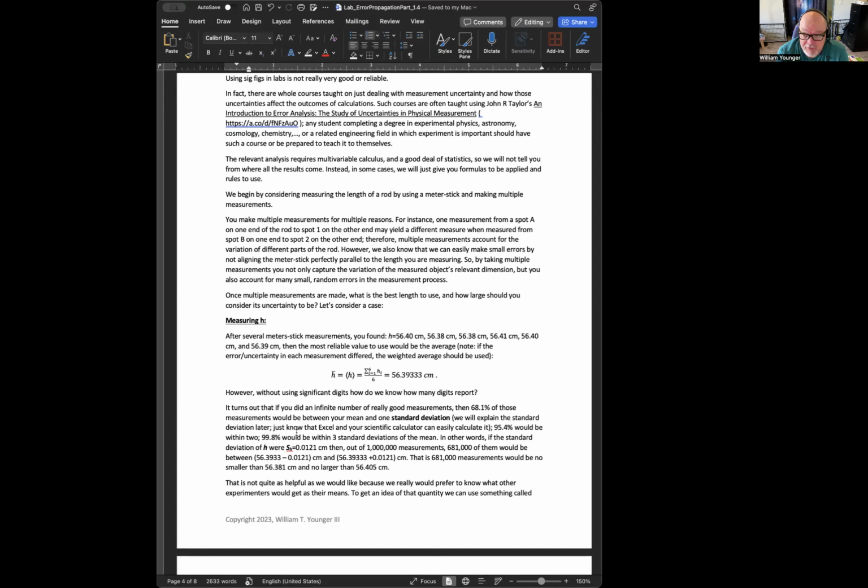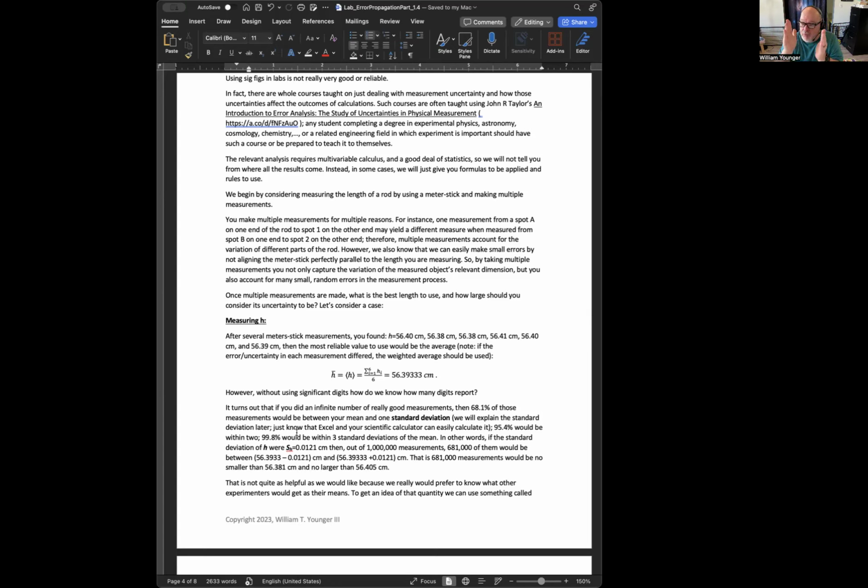And then if you calculated the standard deviation, again, we'll get to the formula for that later, you can take that standard deviation and add it to the mean, and that'll give you a big number that's bigger than the mean. And then you can take that standard deviation and subtract it from the mean, and that'll give you a small number that's smaller than the mean.